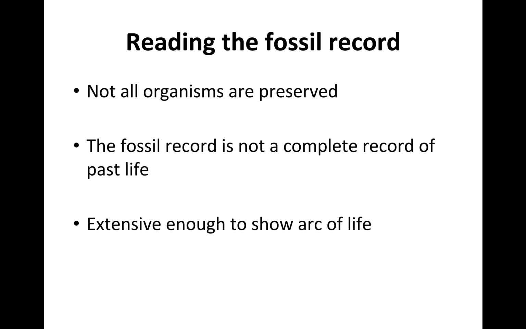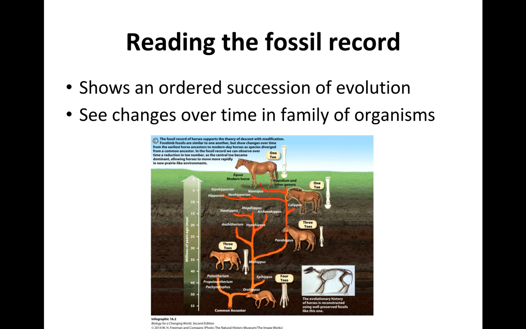Going back to the fossil record, not all organisms are preserved, so therefore this makes the fossil record incomplete. However, it's extensive enough to show how things are related, and we can kind of put together the pieces where there's gaps. Again, what we do have shows an order of succession of evolution.